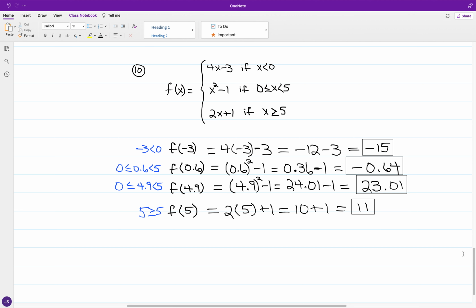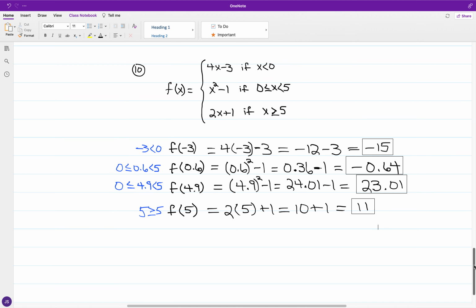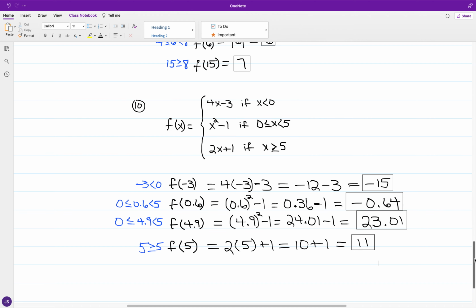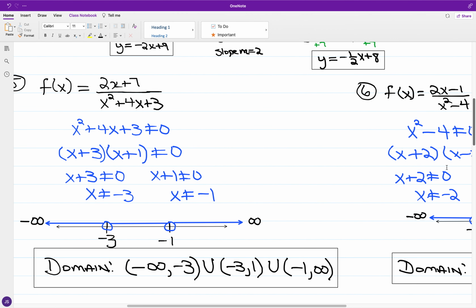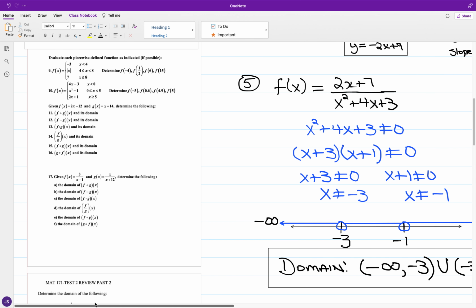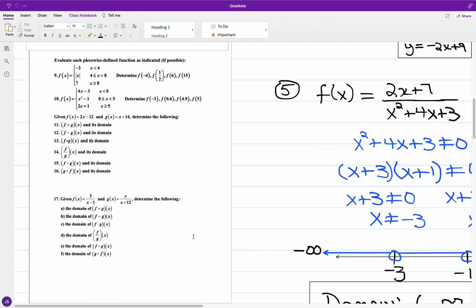Now for the next group, we're looking at consolidating, in a sense, operations between functions as well as their domain. And for numbers 11 through 16, we're working with a couple of linear functions, f of x and g of x.